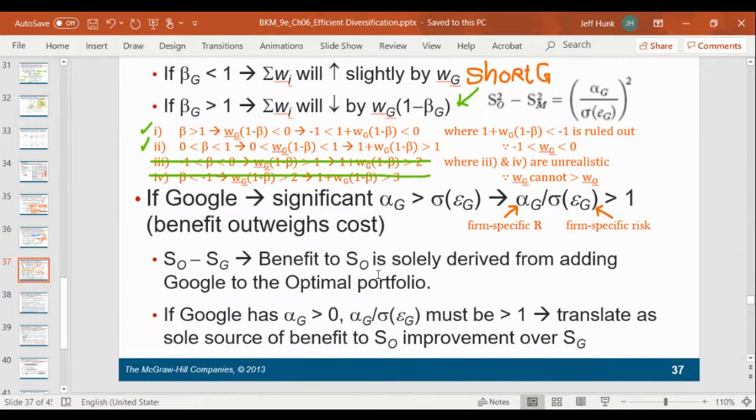The benefit to the optimal risky portfolio's Sharpe ratio is solely derived from adding Google to the optimal portfolio.